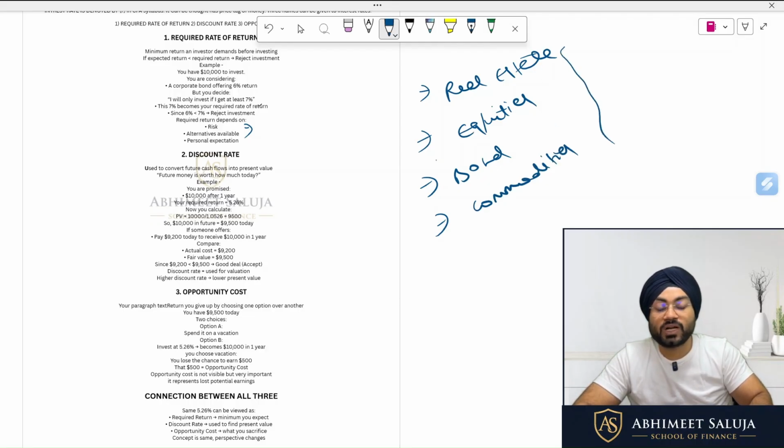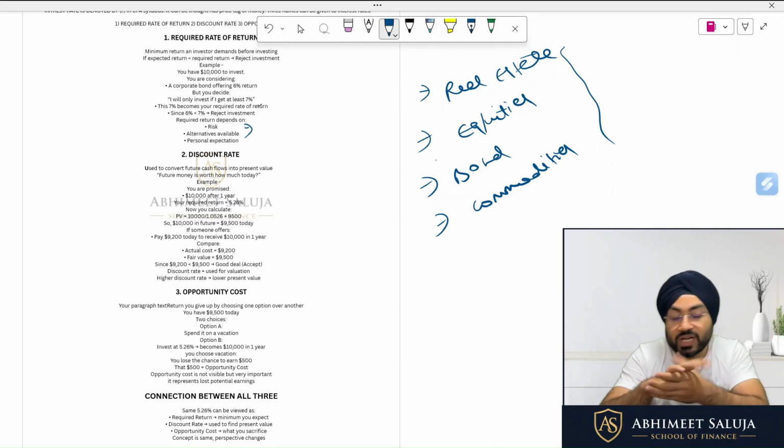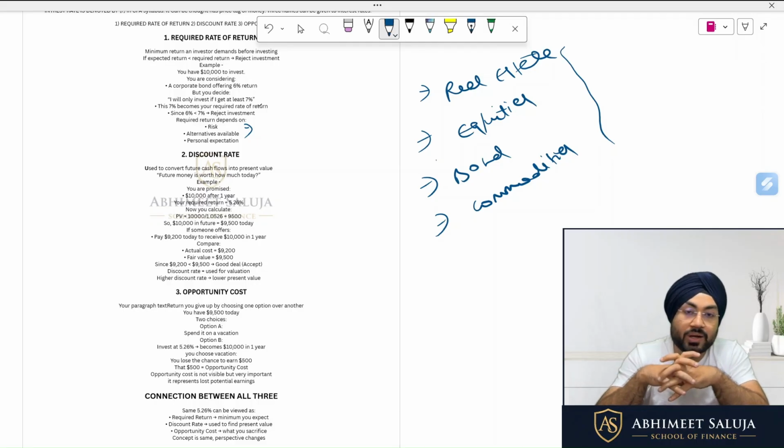Now, each of these different asset classes has different kinds of risk associated with it, right? I may not have the same required return when I'm investing in real estate, in equities, or in bonds.